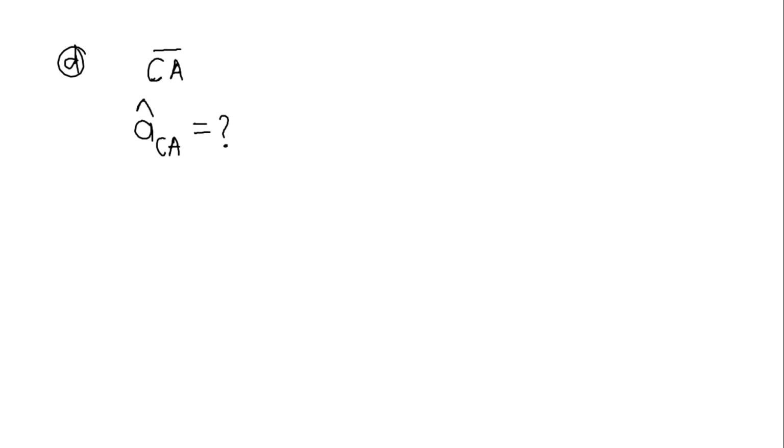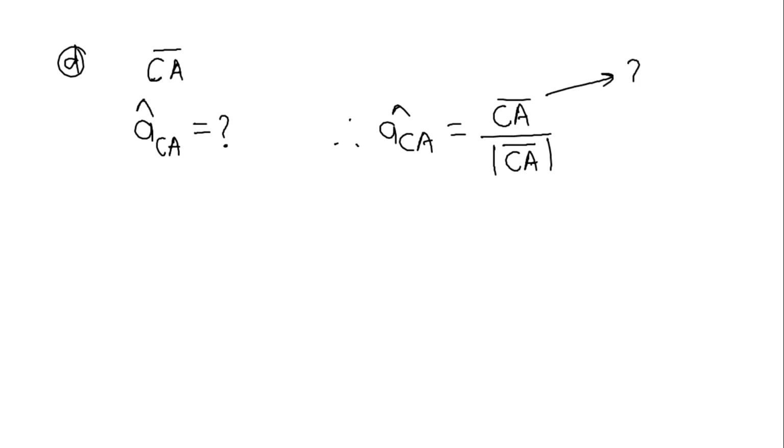As we know, the unit vector can be determined by just dividing the original vector by its magnitude. So I just mention CA bar divided by mod of CA bar. First of all, we need to compute CA bar. We also need to compute its magnitude. We need to put it in this particular formulation, and then we shall obtain the required answer.